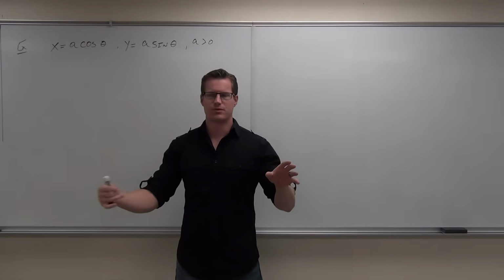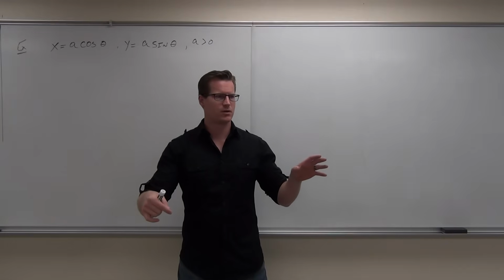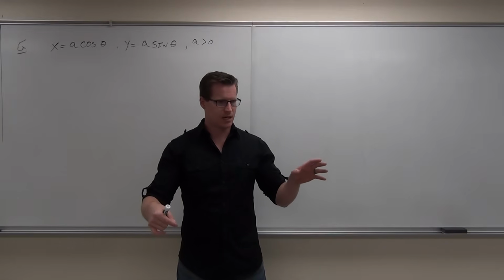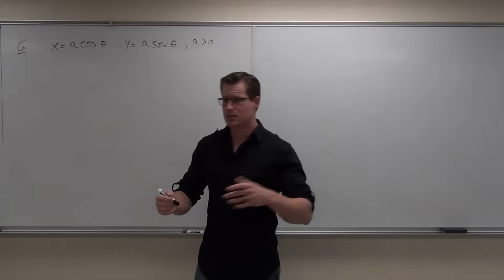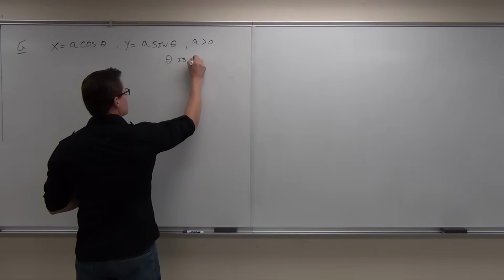What is the parameter then? Is it x? Is it y? Is it theta? What's the parameter? Theta, in this case, is the parameter. It acts like our t. So in our case, theta is the parameter.